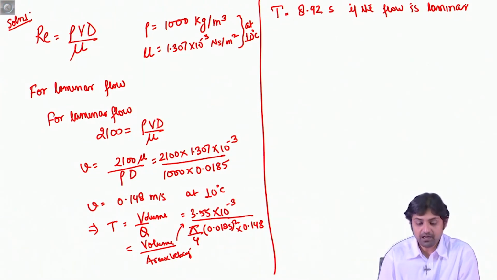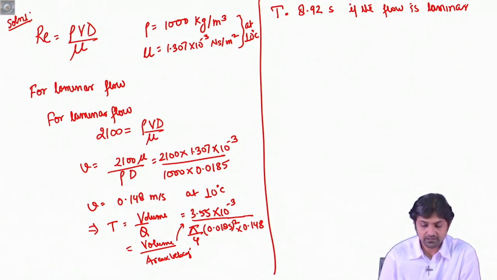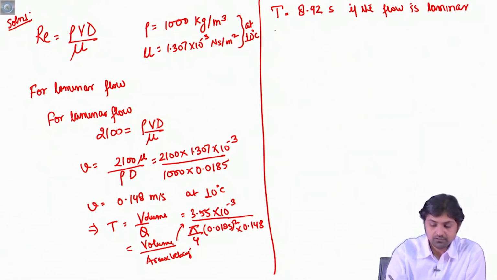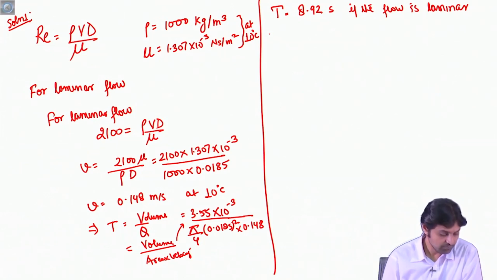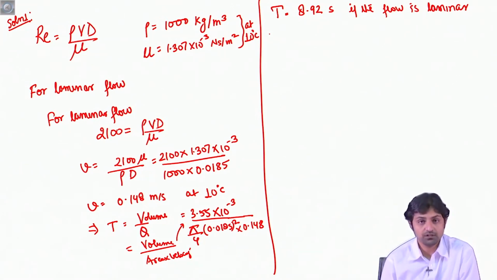Now the second part says, what is the maximum time taken to fill the glass if the flow is to be turbulent? So the turbulent regime starts from Reynolds number of 4000, right? If the velocity is high, the time taken will be very less.